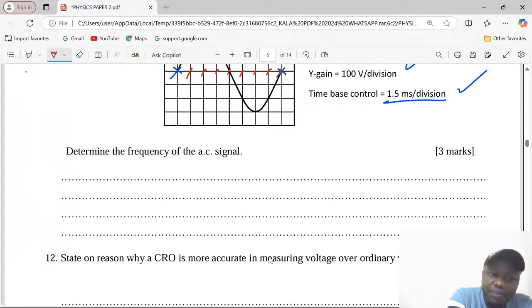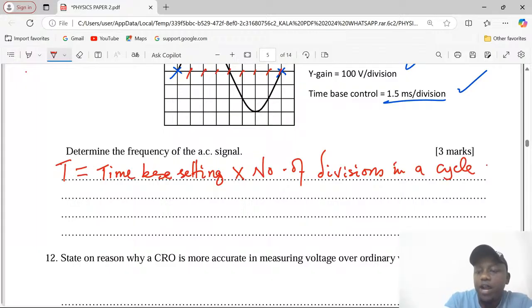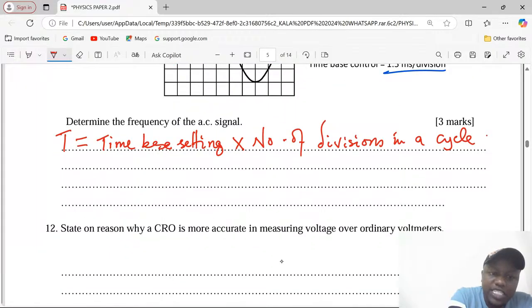A periodic time is given by the time-base setting multiplied by the number of divisions in one complete cycle or oscillation. So we need 1.5 milliseconds per division multiplied by 8 divisions.